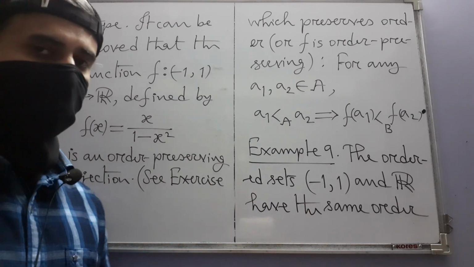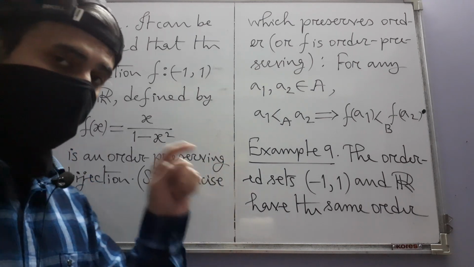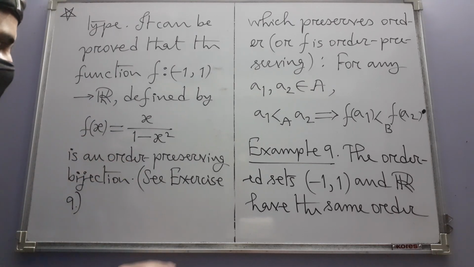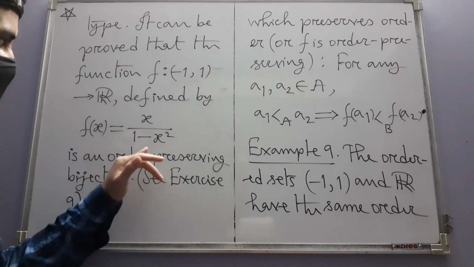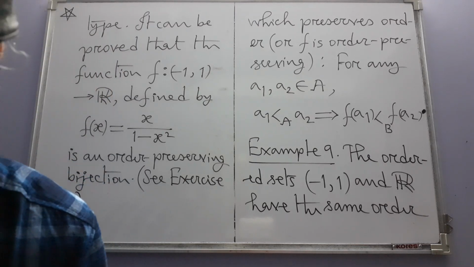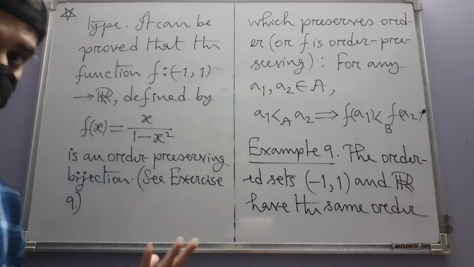The next example, which also gives us two ordered sets of the same order type, there we will prove that they have the same order type. Oh, but before we leave this example, we can at least see how the graph of this function looks. Let's just see that. That will give us a rough idea of why this is true.